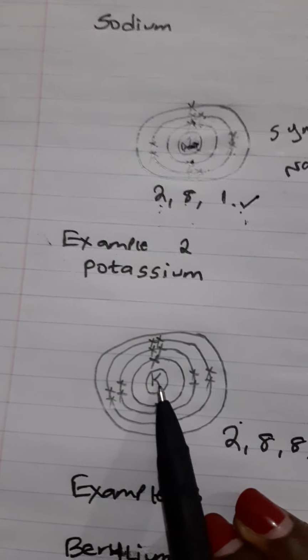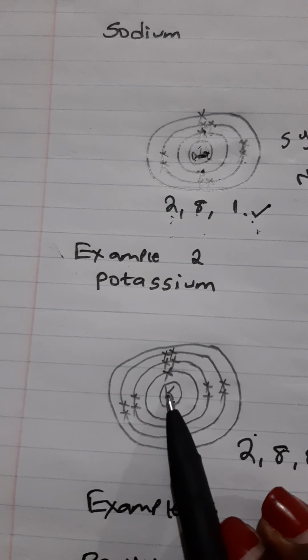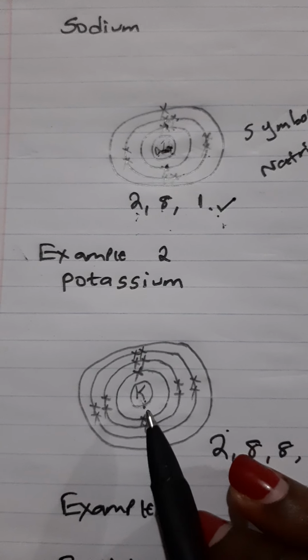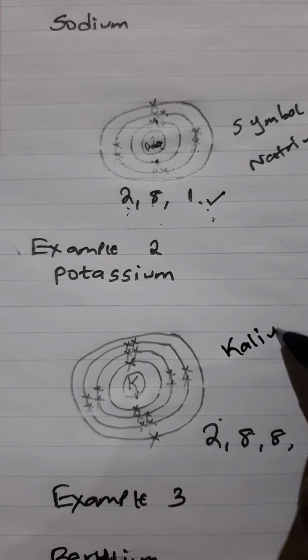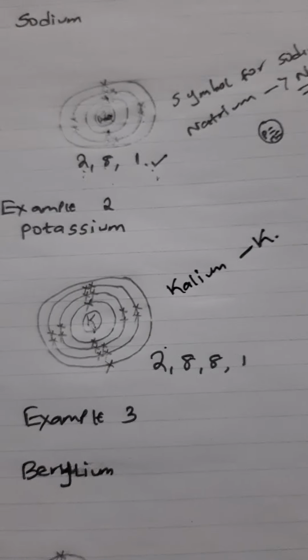The nucleus. Again, potassium. Why do we have K as the chemical symbol? This is because we derive the chemical symbol of potassium from its Latin name, which is kalium. So K is the chemical symbol for potassium.